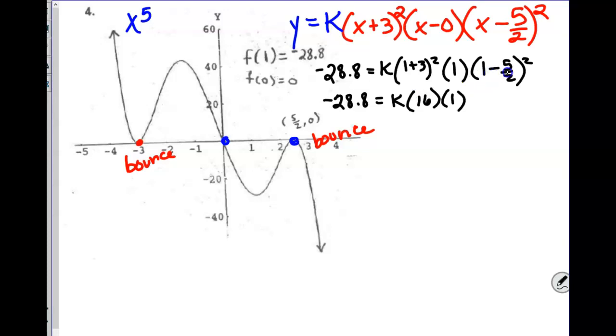This would be negative 3 halves. Squared would become positive 9 fourths. I'm getting 36. 16 divided by 4 is 4, times that 9 up there would be 36.